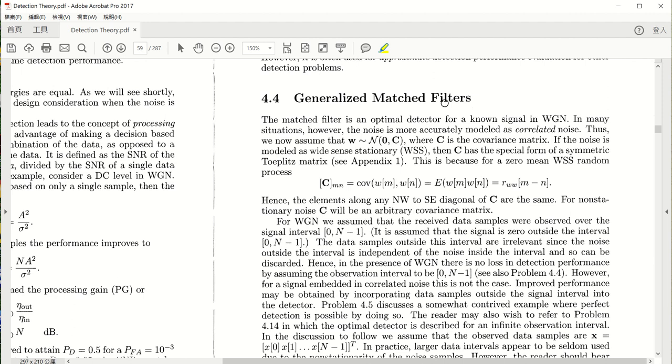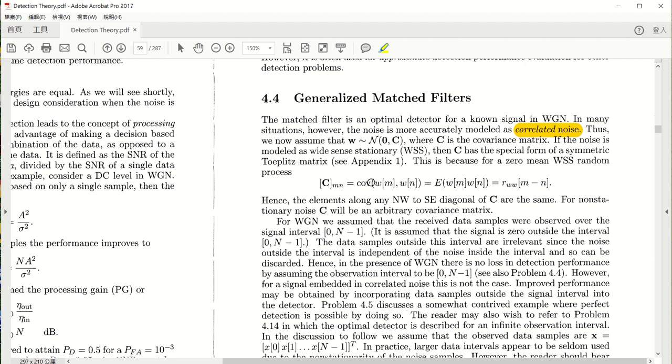Generalized version means that when we have noise, the noise is correlated noise. It's no longer white noise. As a result, you have a covariance matrix, and that covariance matrix gives you the covariance of the noise between different time differences.